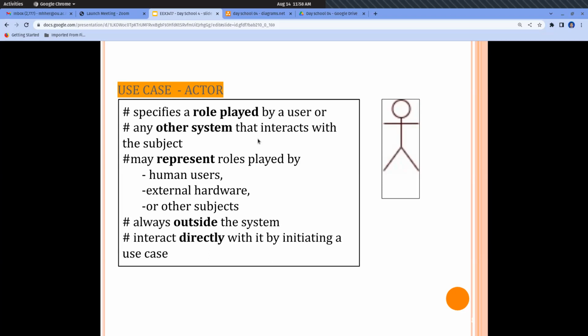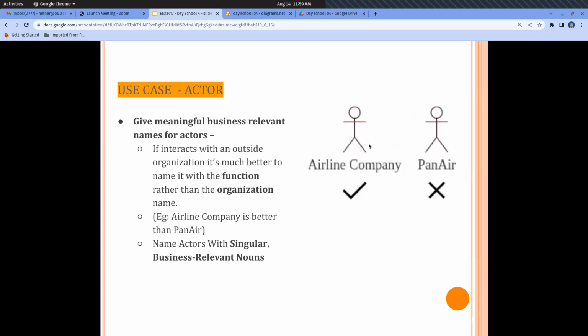Actors initiate the use case. I will explain later what those things are. Give a meaningful, business relevant name for the actor.